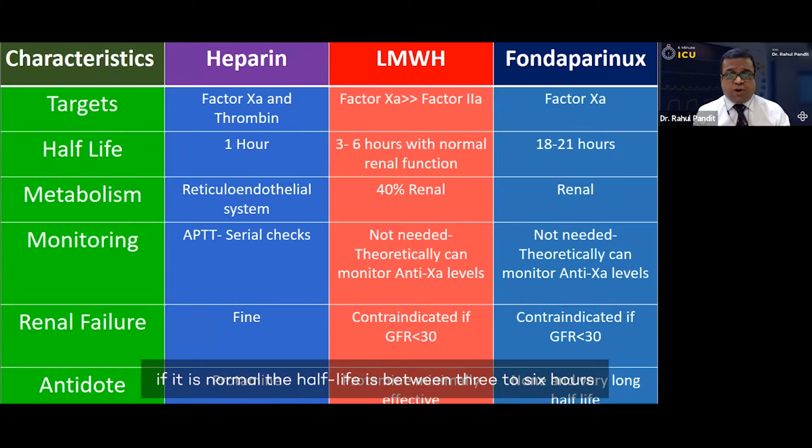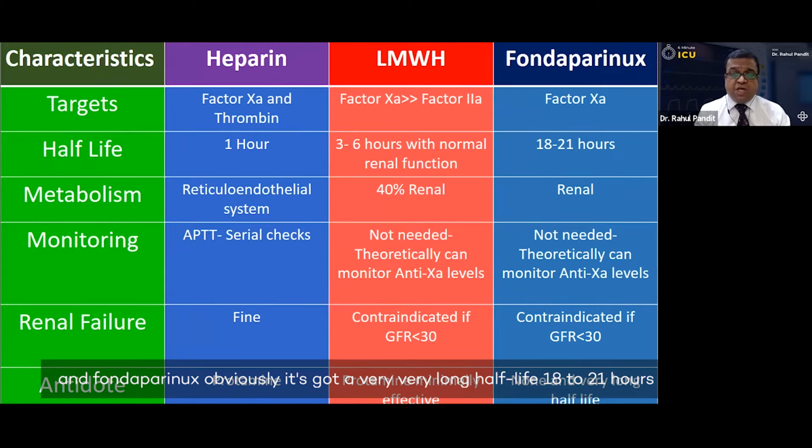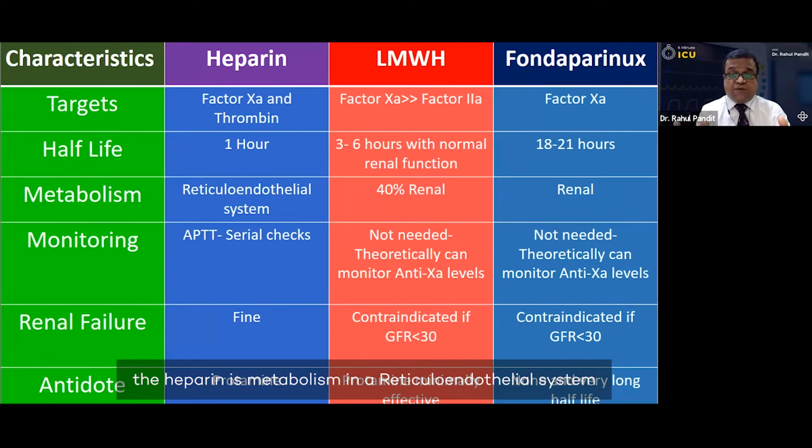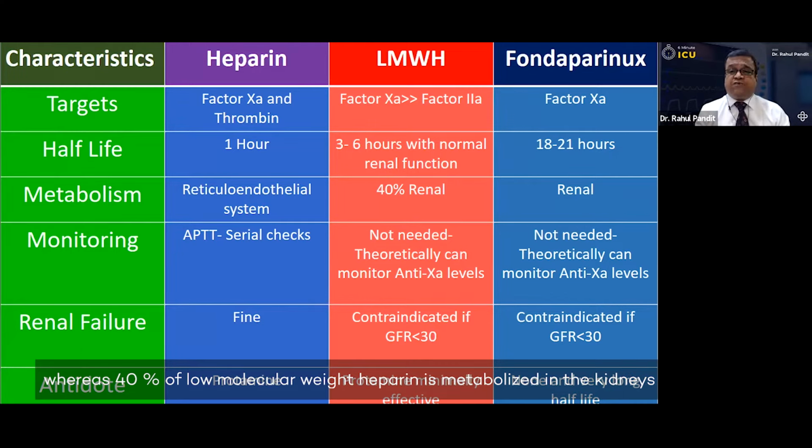If it is normal, the half-life is between 3 to 6 hours. And fondaparinux obviously has a very, very long half-life, 18 to 21 hours. Heparin is metabolized in the reticuloendothelial system, whereas 40% of low molecular weight heparin is metabolized in the kidneys. Hence the importance of half-life with normal kidney function.